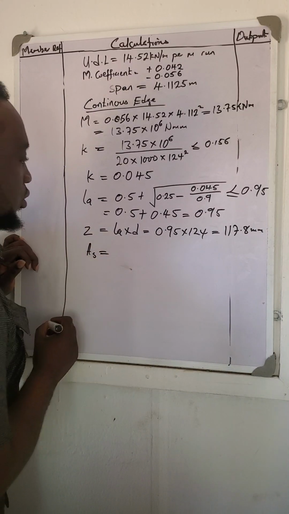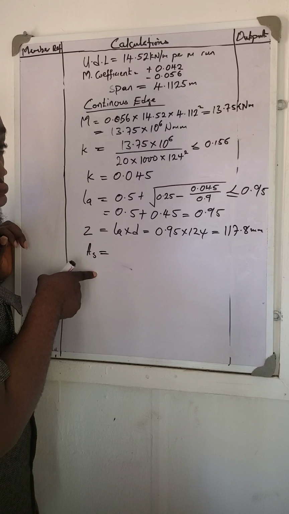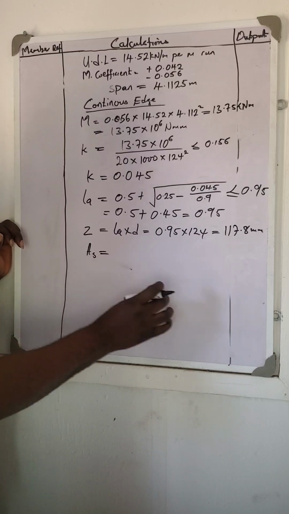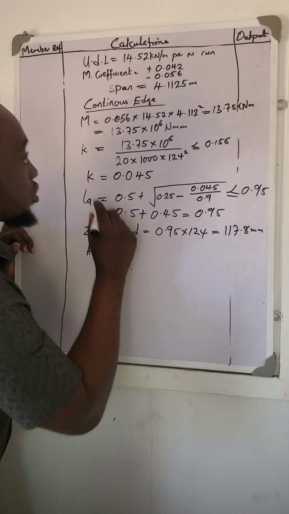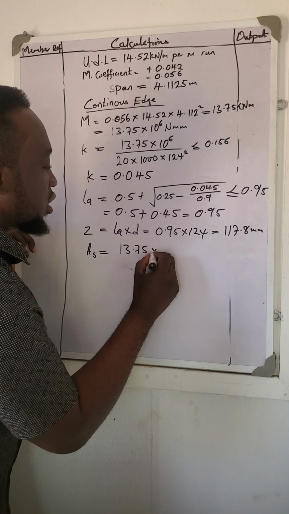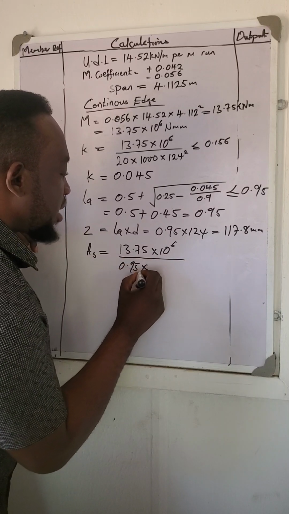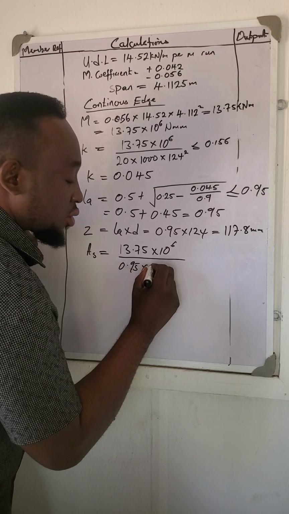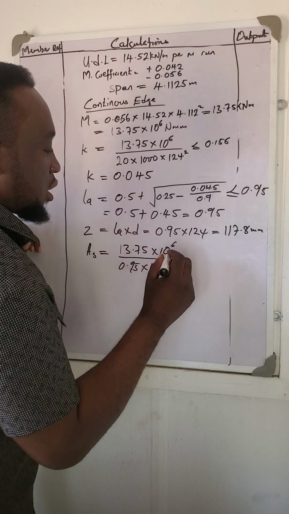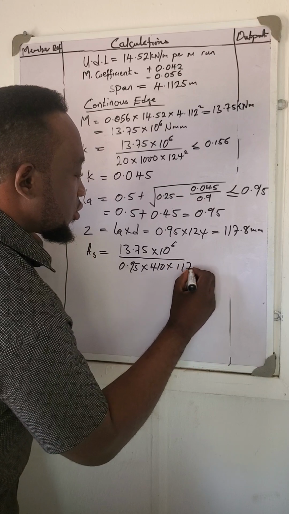Then the next step is to calculate for our As. This is the area of steel required for this structure to be okay. So the area of steel required is equal to M, our moment, 13.75 exponential 6, over 0.95, the constant, multiplied by fy, our characteristic strength of steel, 14, multiplied by the Z, 117.8.